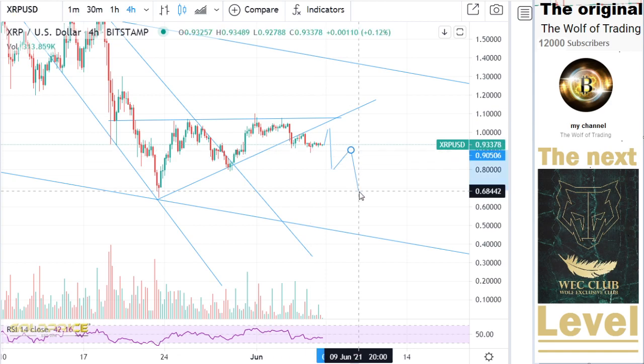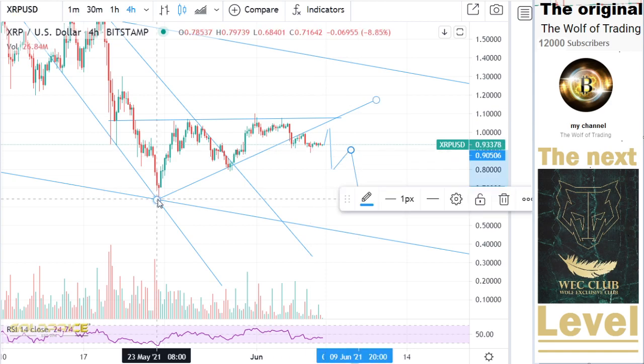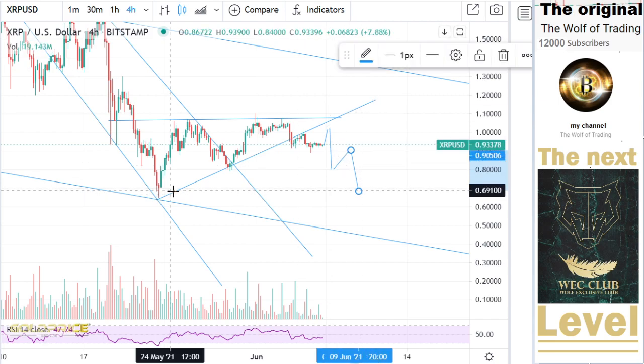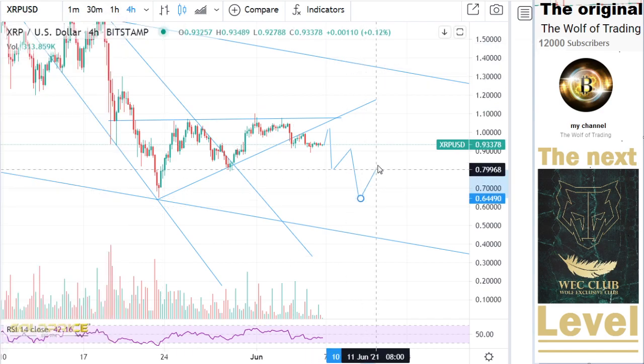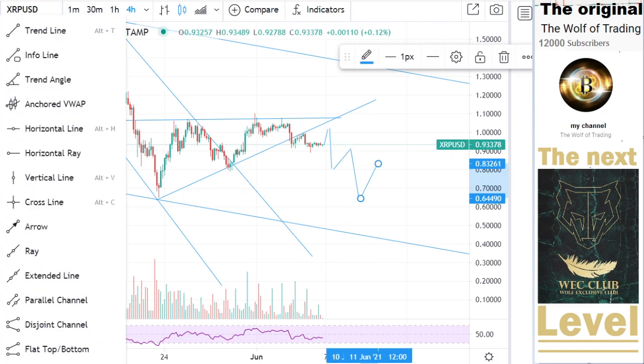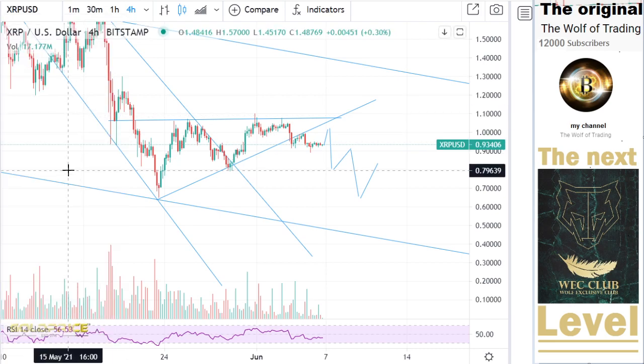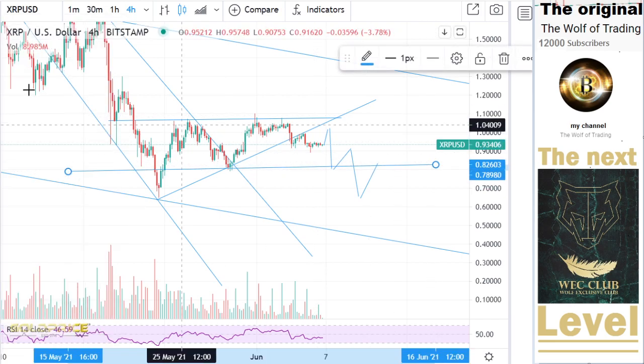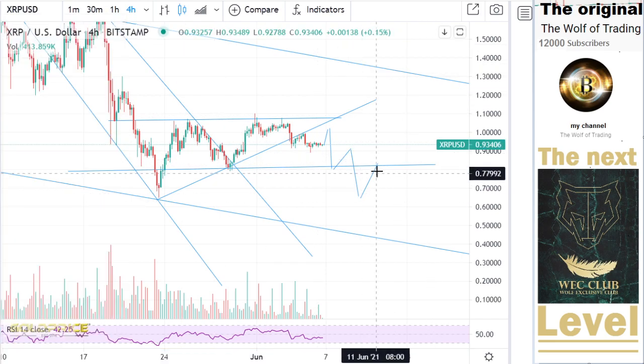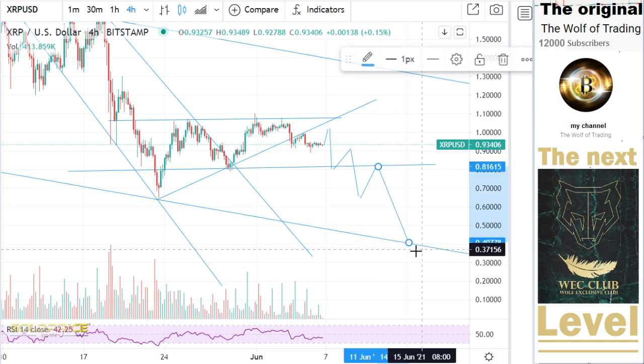Maybe test this level. Let me check the level of 65 cent, and the big move to the top side begins to test this level, and then we will lose, and the big fall begins to the downside.